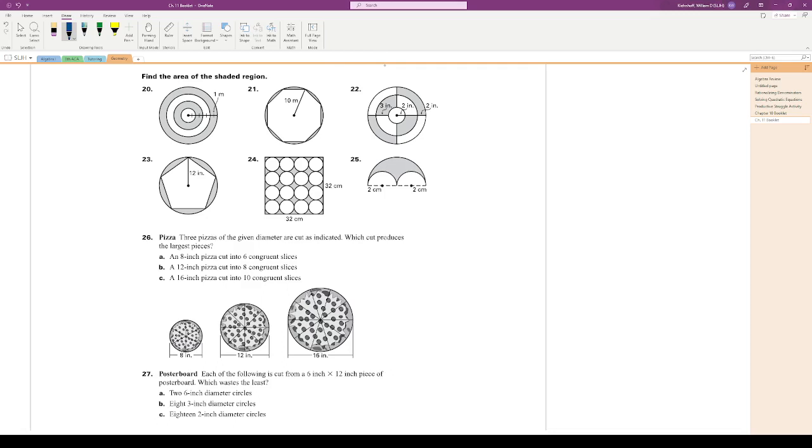This one, we're going to think of this as basically moving these shaded regions together. So I'm going to think of my shading as being here and here instead of here and here. So that means the whole half at the top is unshaded, and then this center is unshaded.